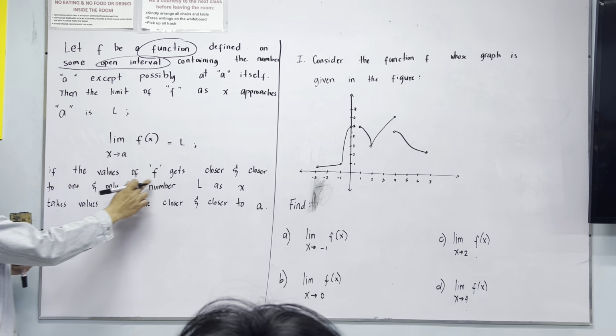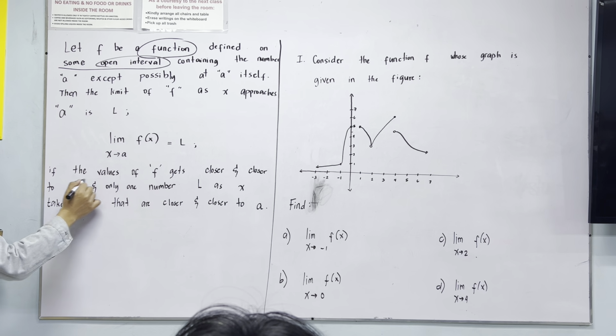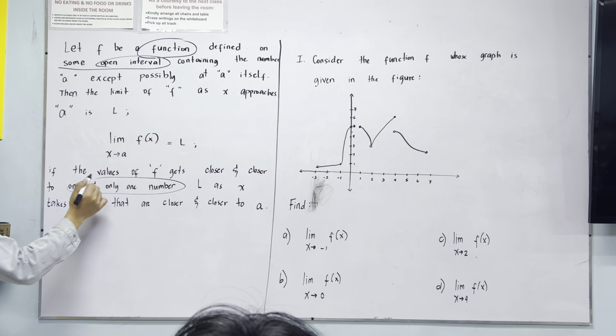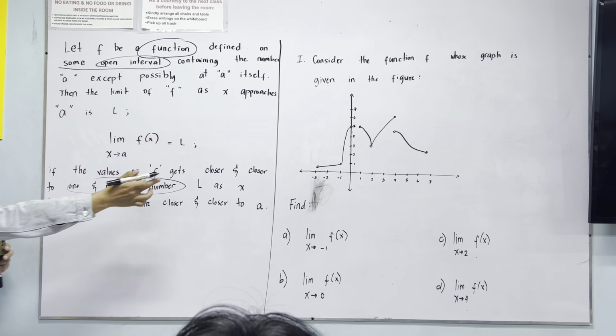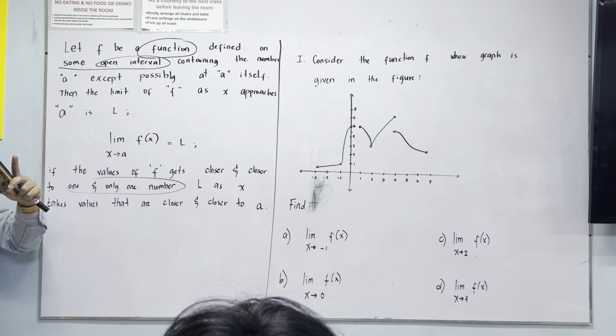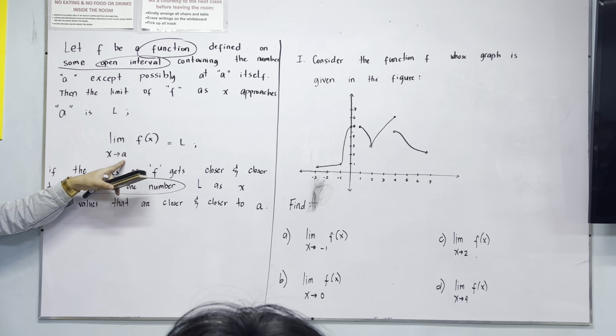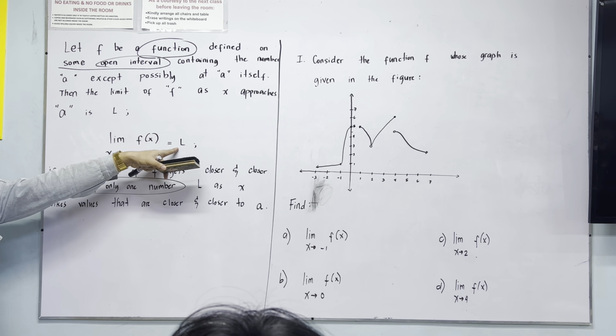If the values of f gets closer and closer to one and only one number, which is L, as x takes values that are closer and closer to a. So habang papalapit daw tayo ng papalapit dun sa a natin, makukuha natin yung ating limit.